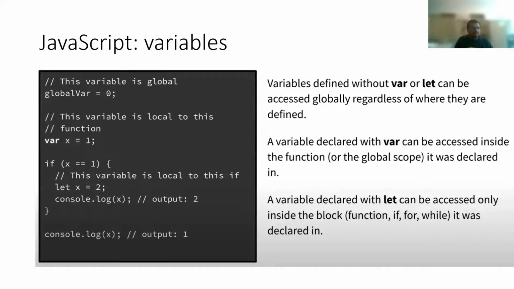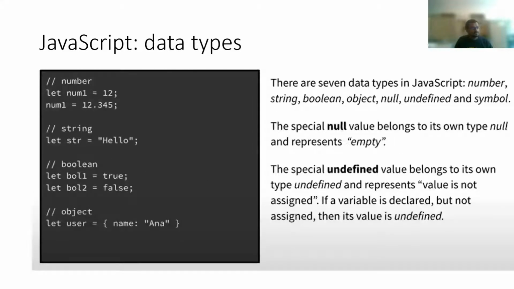But other than that, the variable types are pretty much similar to more or less other programming languages. So we have numbers, we have strings, we have booleans, object, null, undefined, and symbol. Numbers are mostly a combination of ints, floats, and other doubles.